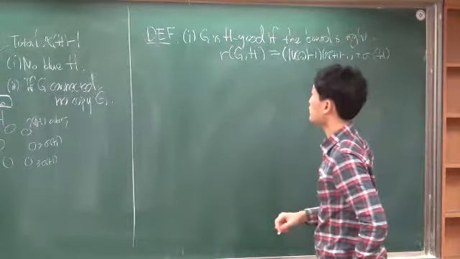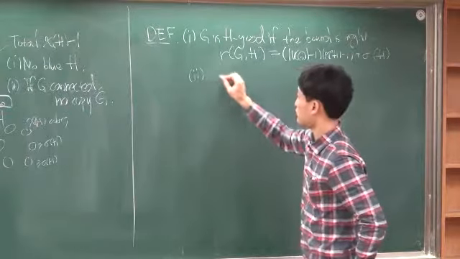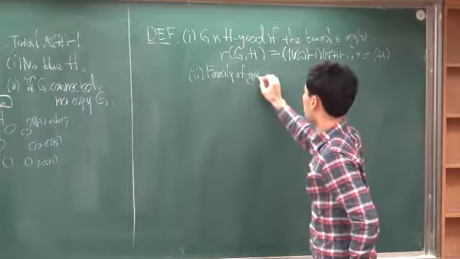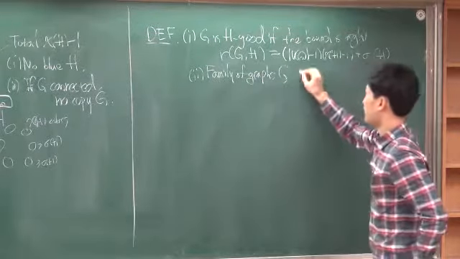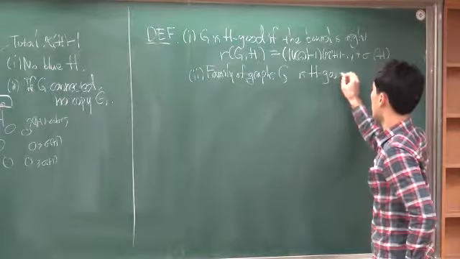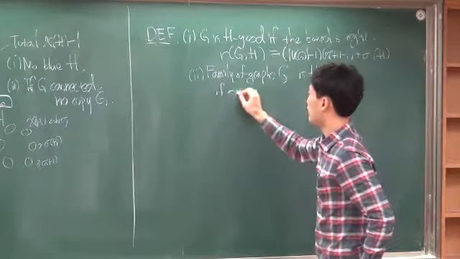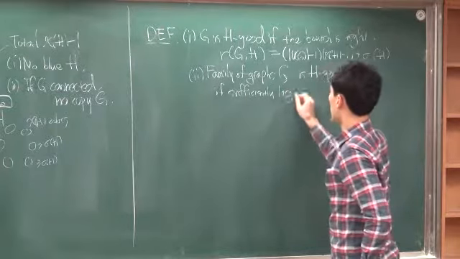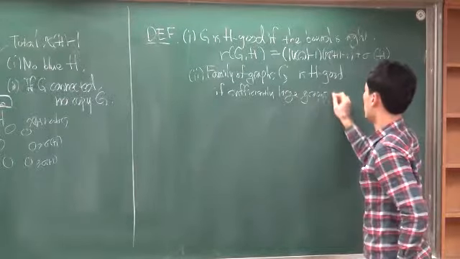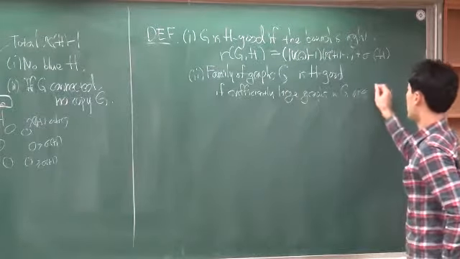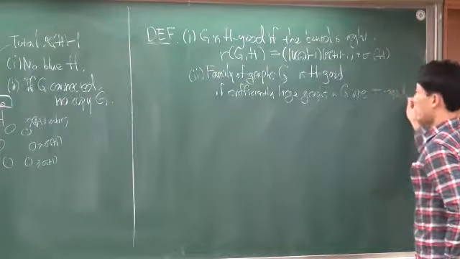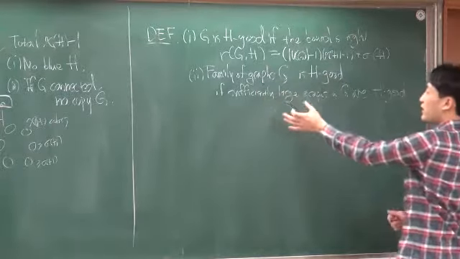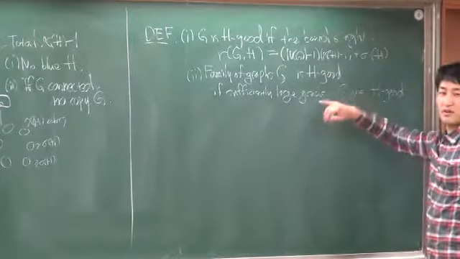Then we also say that a family of graphs is H good if all sufficiently large graphs in the family are H good. In other words, if we can remove a finite number of graphs from this family to make all the graphs H good, then we call this family H good.